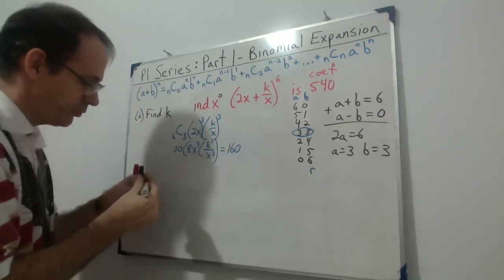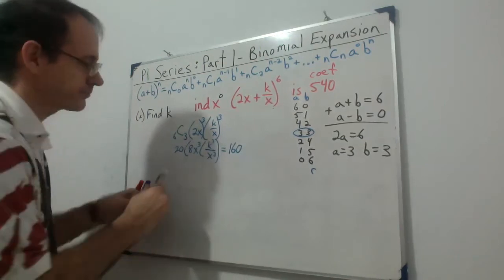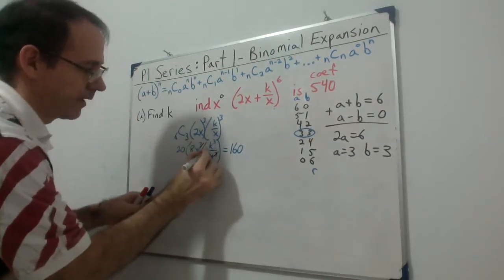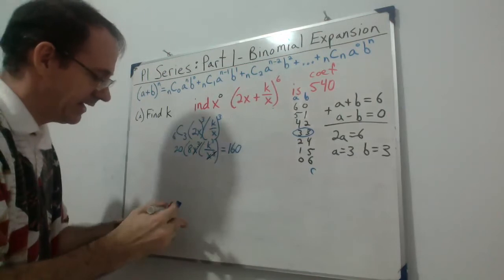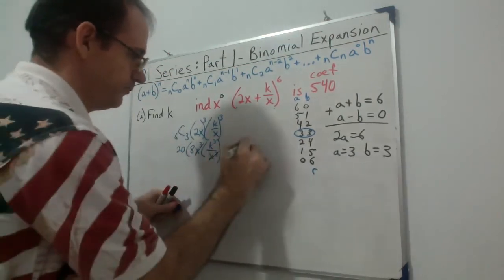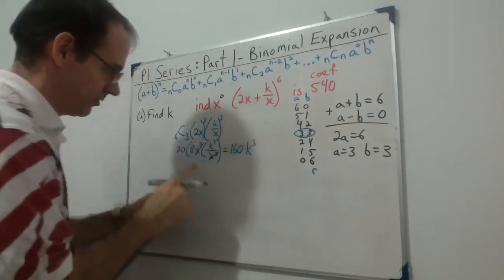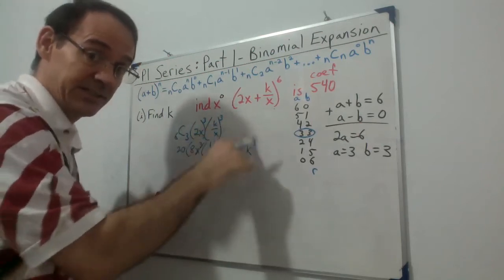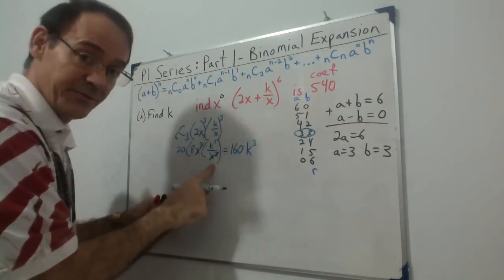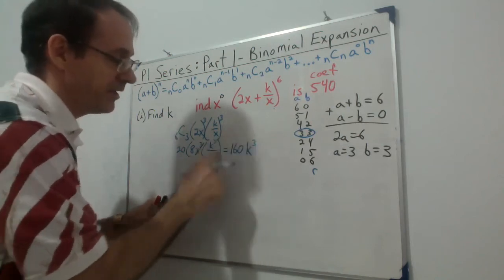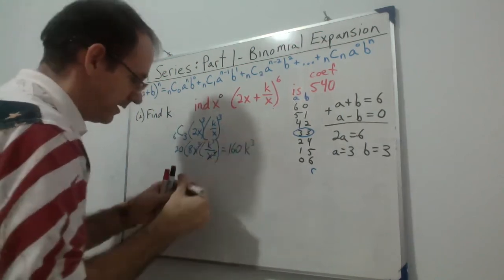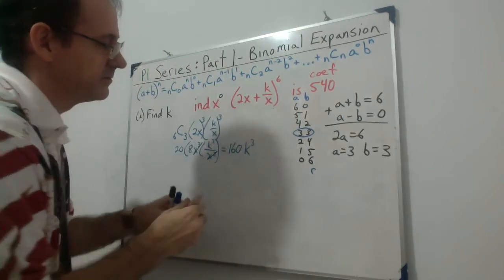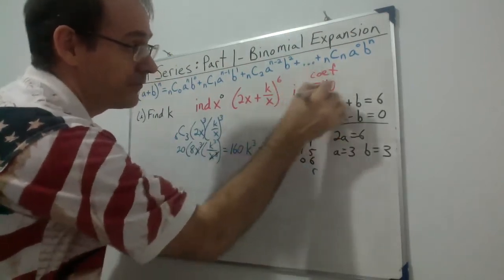The x cubes cancel, but we still have the k cubed. So 160k cubed, this is a constant. The x's, the variable, canceled out. This constant is what equals our 540.